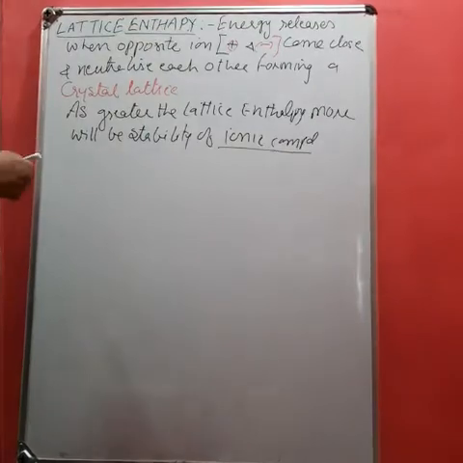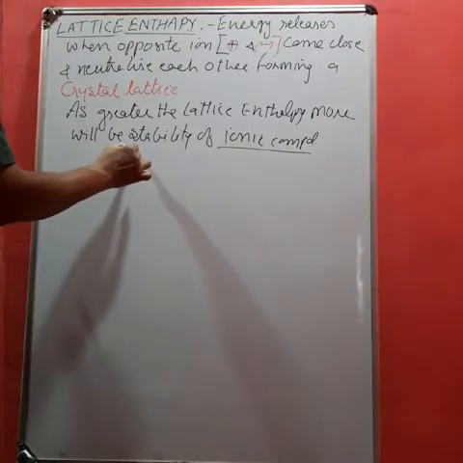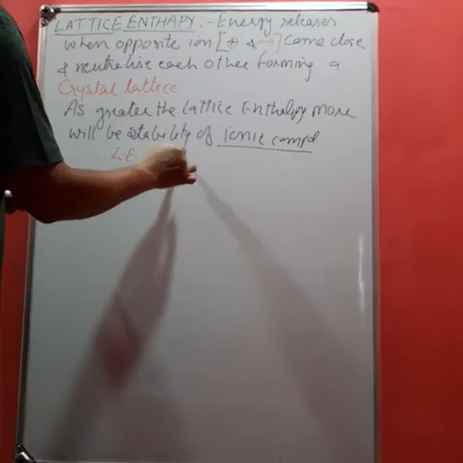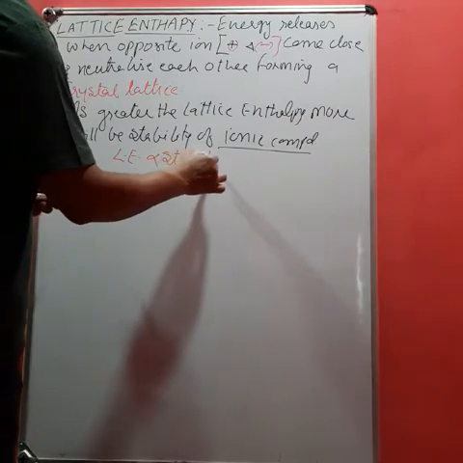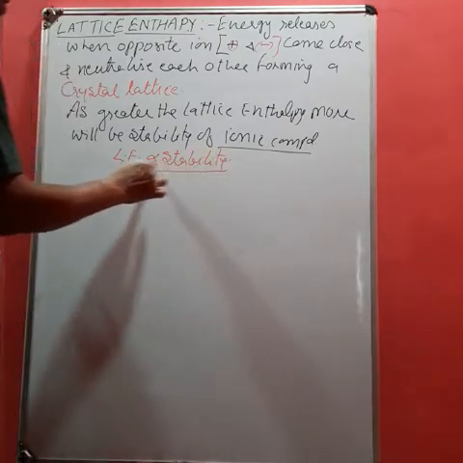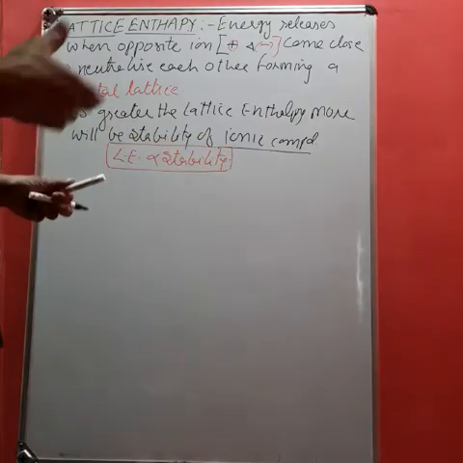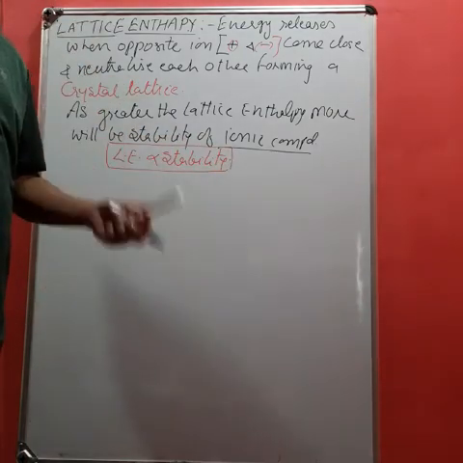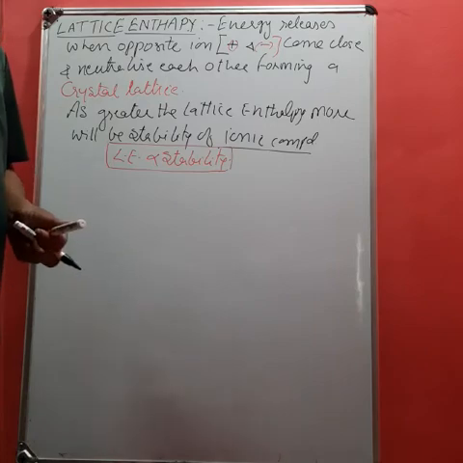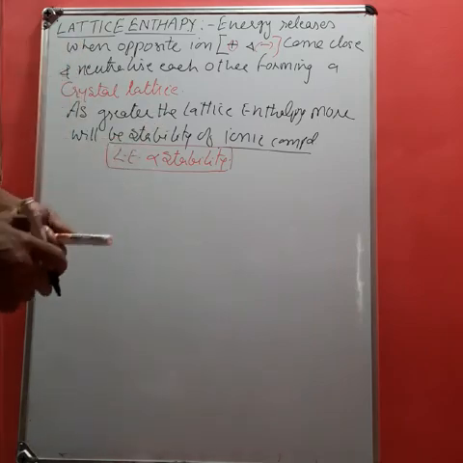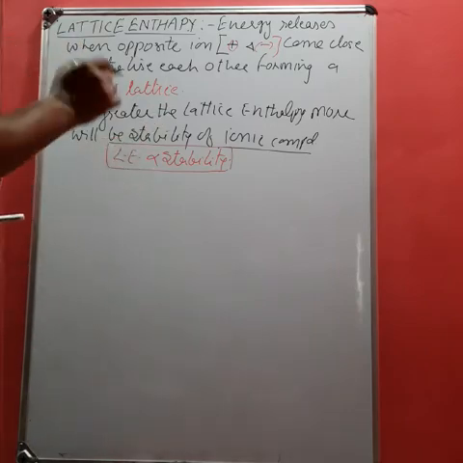That is, simply you can say the lattice enthalpy is directly proportional to stability. So, if we compare the lattice enthalpy of different types of ionic compounds, then we can compare their stability magnitude. Therefore, it is very important.